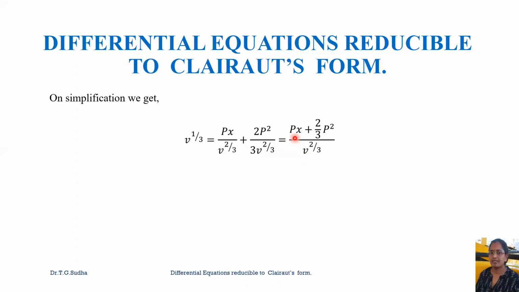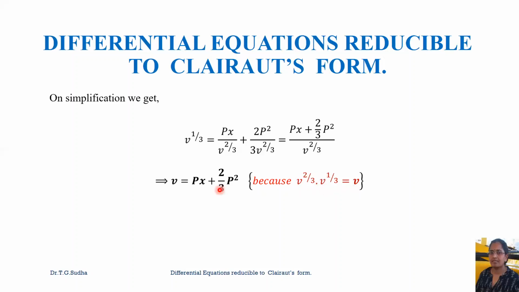Now we are left with Px plus 2 by 3 P square in the numerator. Just cross multiply this v to the power of 2 by 3 to the left hand side. So we get v, because v to the power of 2 by 3 into v to the power of 1 by 3 gives us v, because v to the power of 2 by 3 plus 1 by 3 gives us 1.